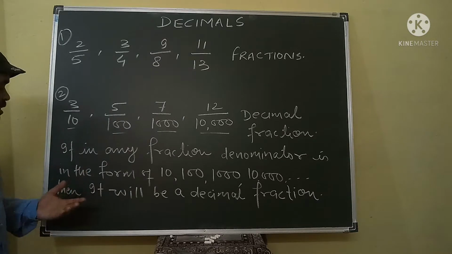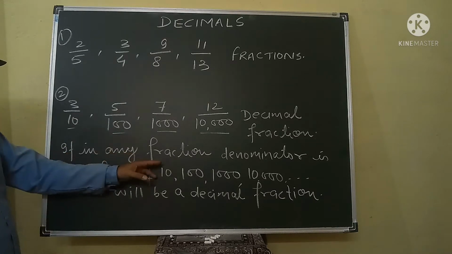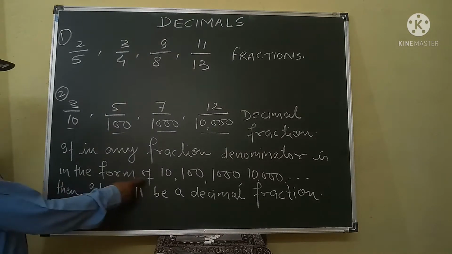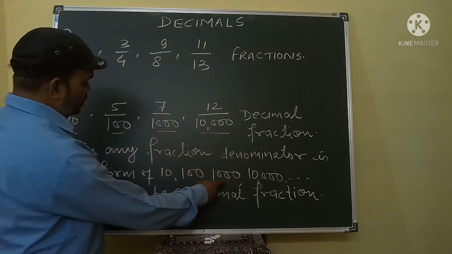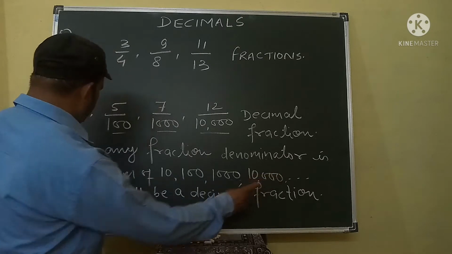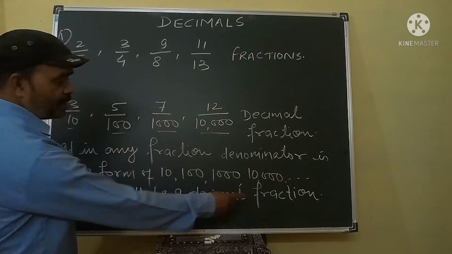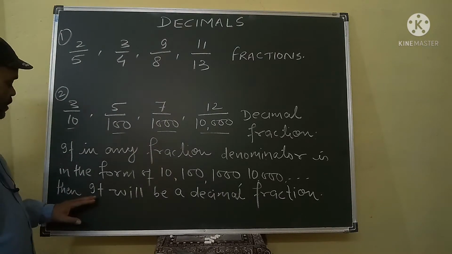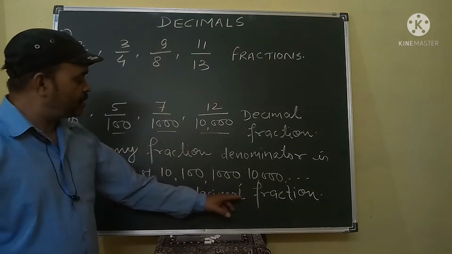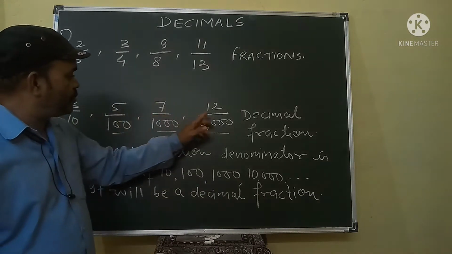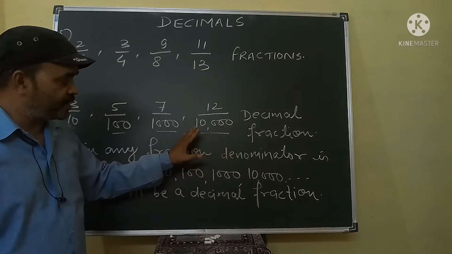The definition is, if in any fraction the denominator is in the form of 10, 100, 1000, 10,000, then it will be a decimal fraction. The second example belongs to decimal fractions.